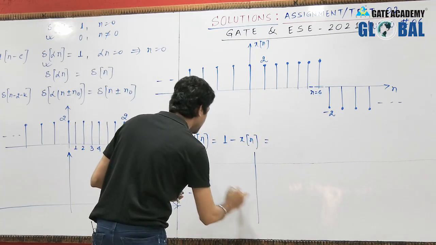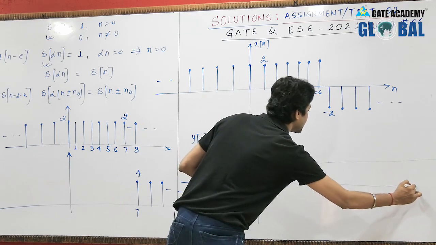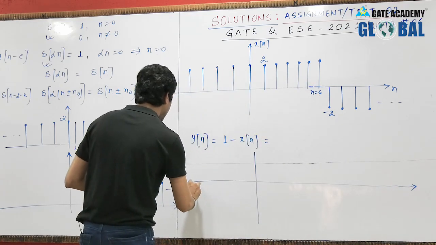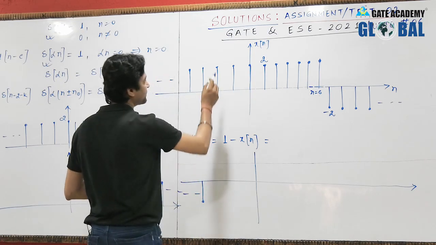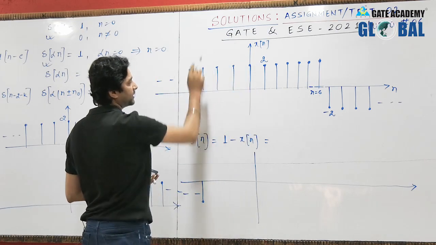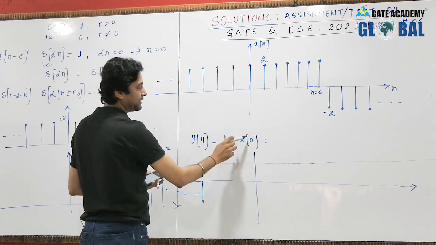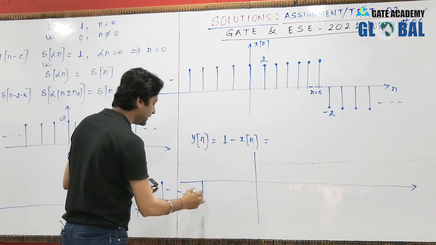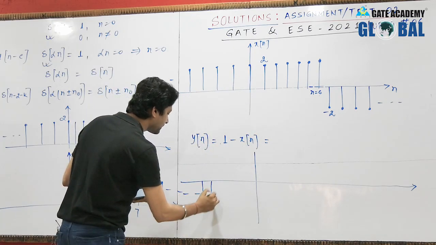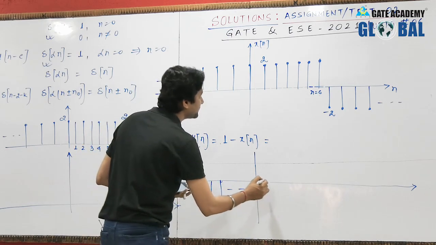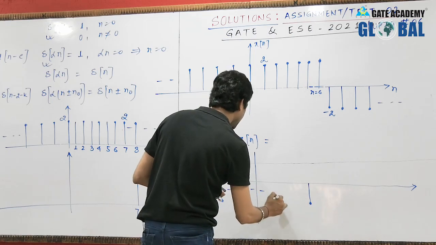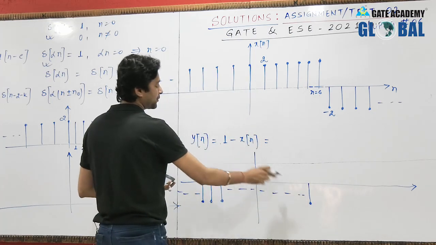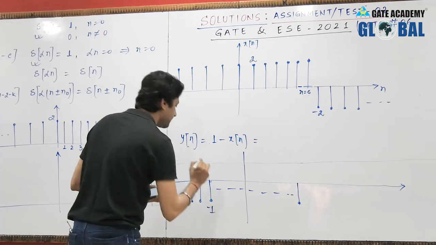All these values will be minus 1, because we are subtracting this value 2 from constant 1.